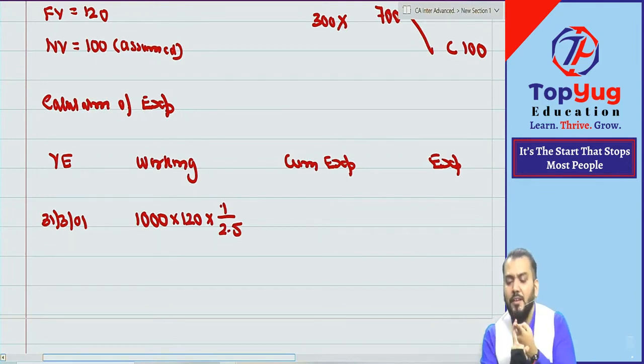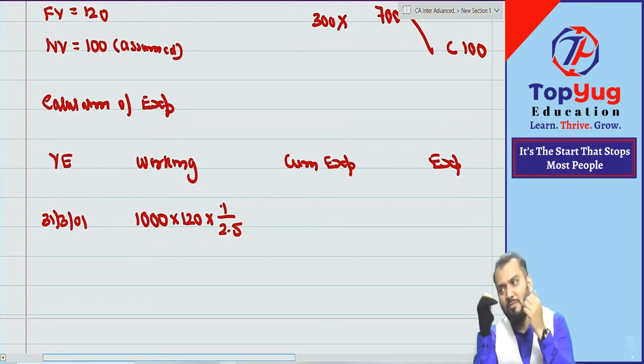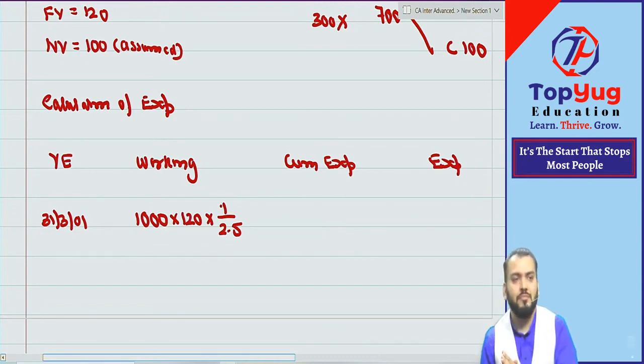And believe me, 40% of students fail in the exam not because they don't know the question, but because they take extra pressure. So I will always say, be calm in the exam. If you take extra pressure, nothing will help you. Be calm, have a smiling face.